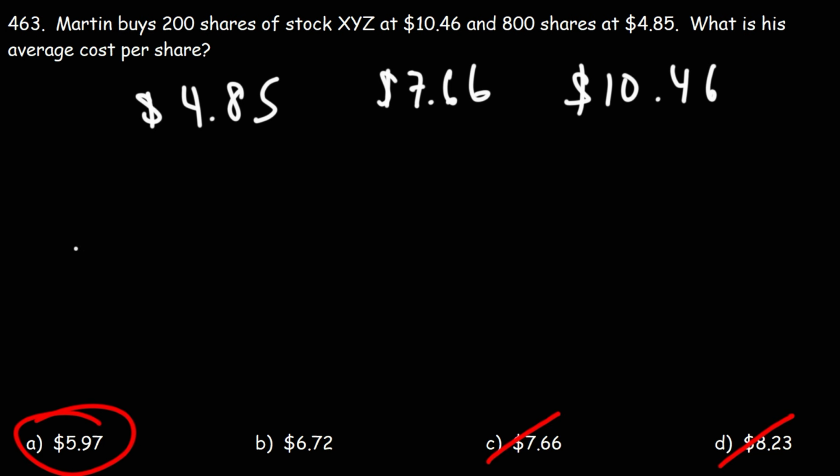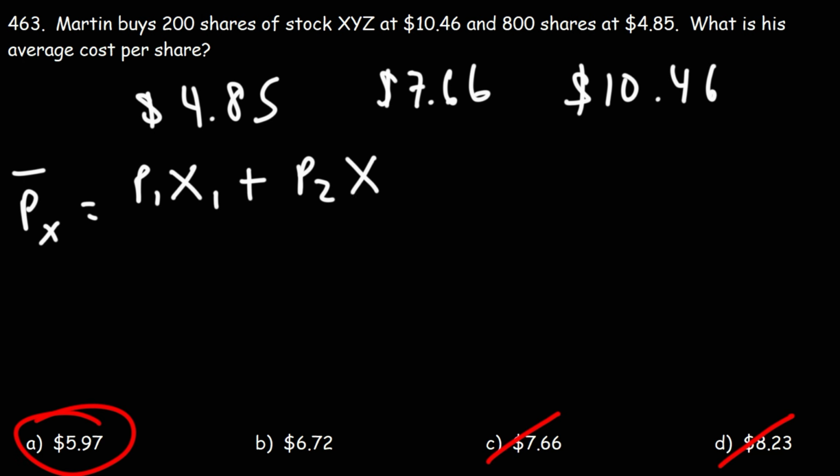So here's the formula that we could use. The average price is going to be the first price times the number of shares bought at that price plus the second price times the number of shares bought at that price, divided by the total number of shares purchased.